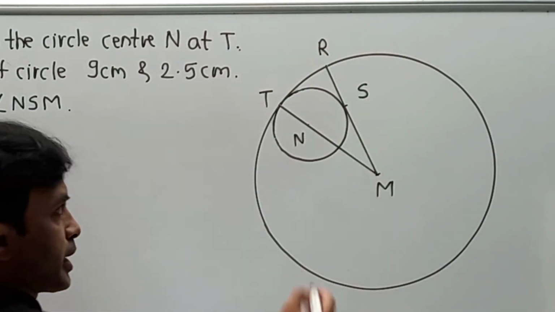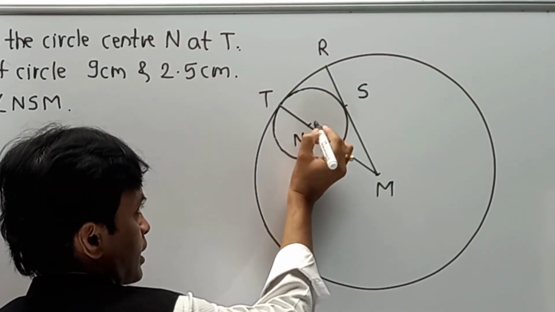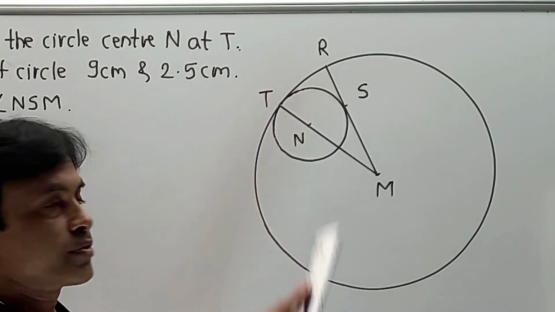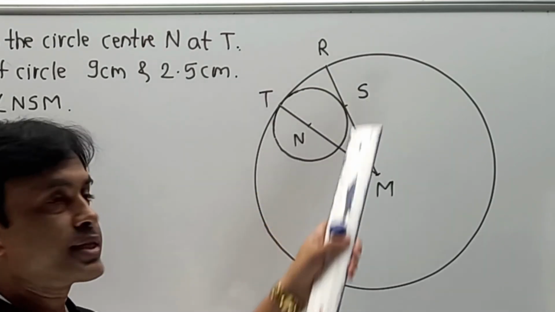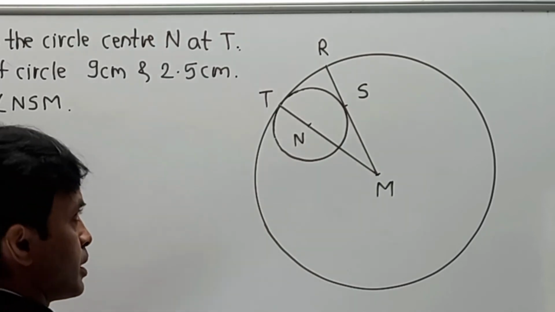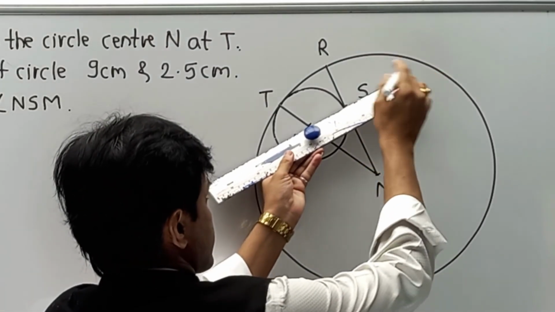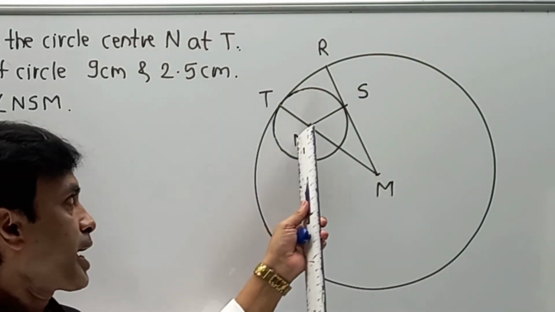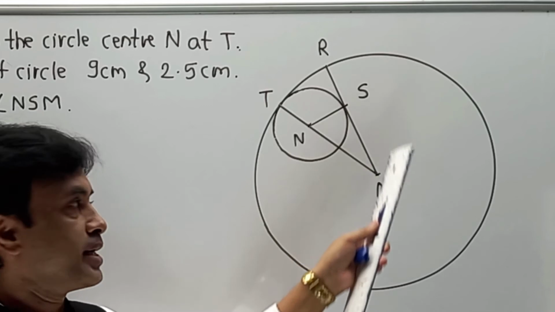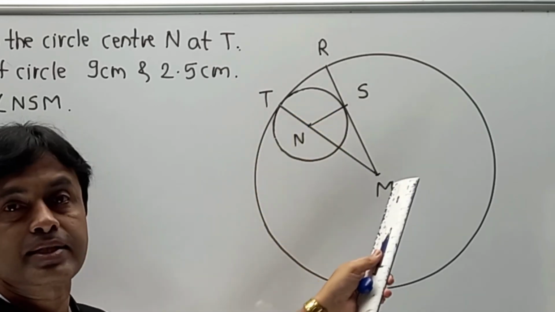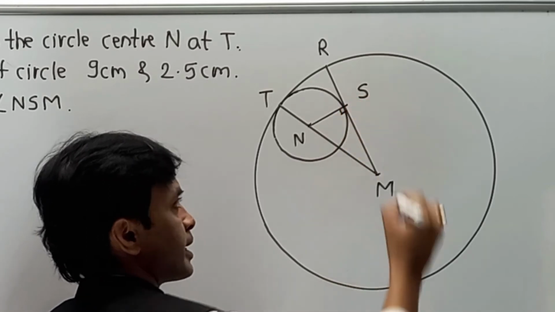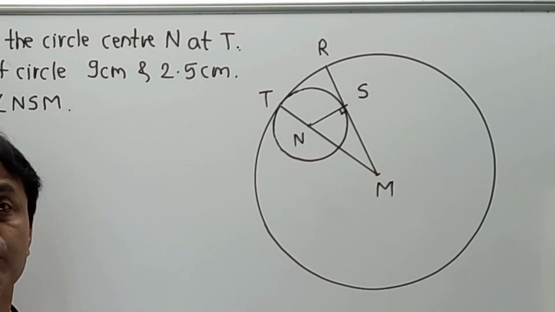Now I draw it by a continuous line. Next I am going to join N with S, because NS is nothing but the radius of the smaller circle. Remember it carefully, as NS is a radius and MSR is a tangent at point S, this angle must be 90 degrees, and these are the two helping facts with us.